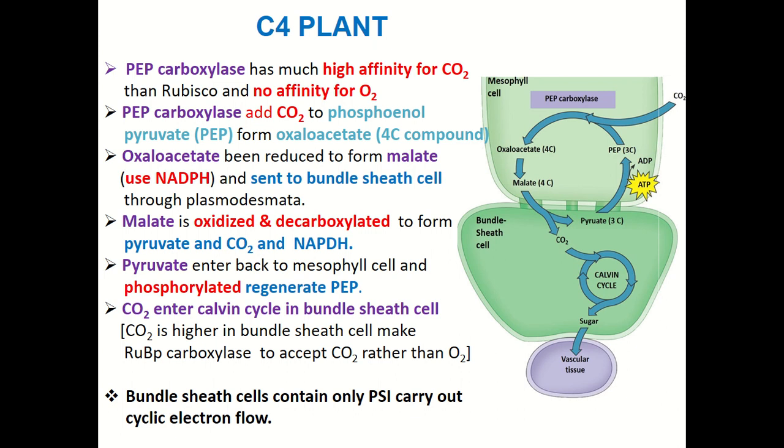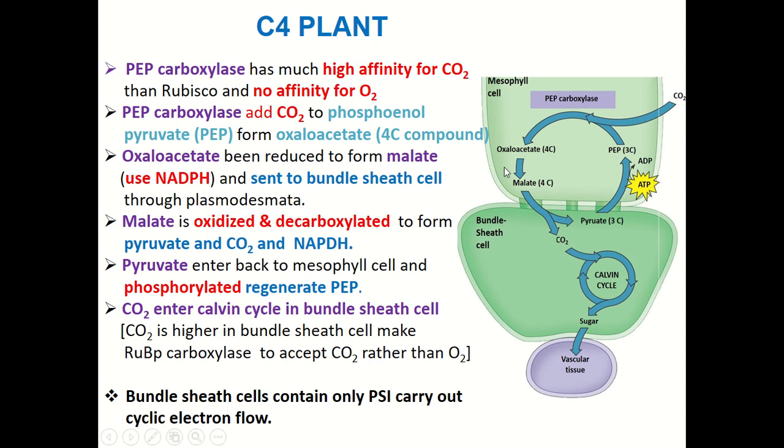PEP carboxylase will add carbon dioxide to phosphoenolpyruvate, PEP, and it will form oxaloacetate, which is a 4-carbon compound. Oxaloacetate is the first product of carbon fixation, and it has 4 carbons. That's why this plant is named a C4 plant.